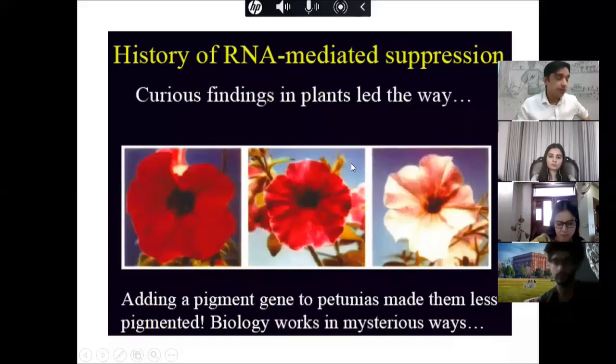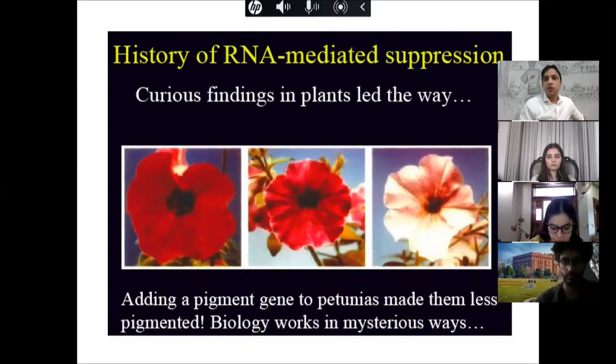Like every other scientific discovery, that was also an accident. When scientists started studying genes, DNA, RNA, and protein, one of the scientists at that time wanted to confirm his hypothesis.